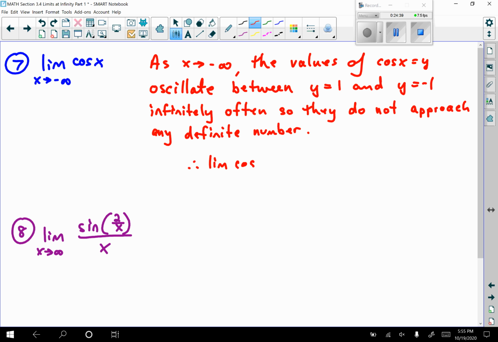Therefore, the limit of cosine x as x decreases without bound does not exist.